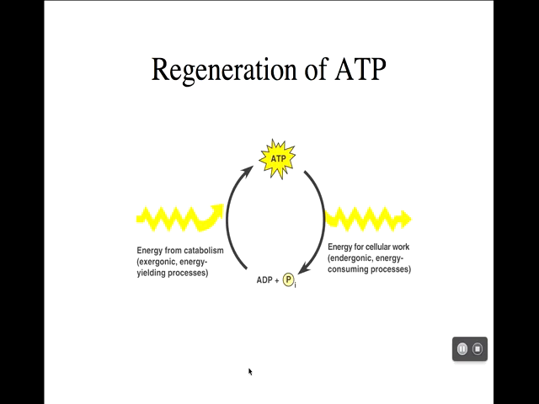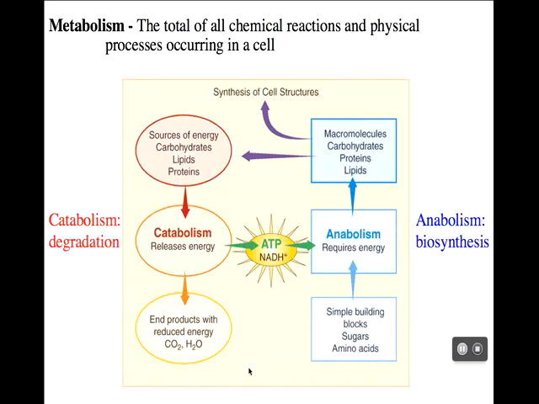So because ATP is so vital, you're going to see that it plays a major role in connecting catabolic and anabolic pathways. Remember, the catabolic pathways are the breakdown pathways, taking these large molecules that we ingest and breaking them down. The energy that we get from catabolism is used to make ATP from ADP.